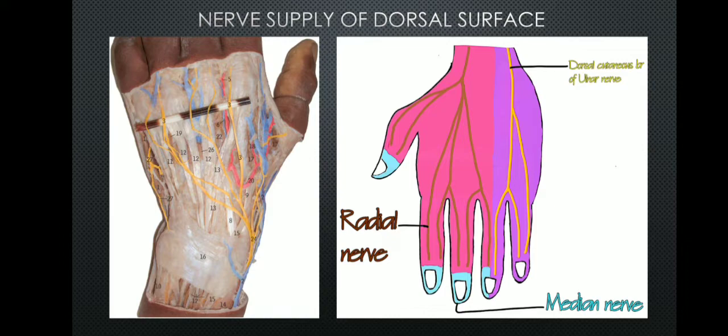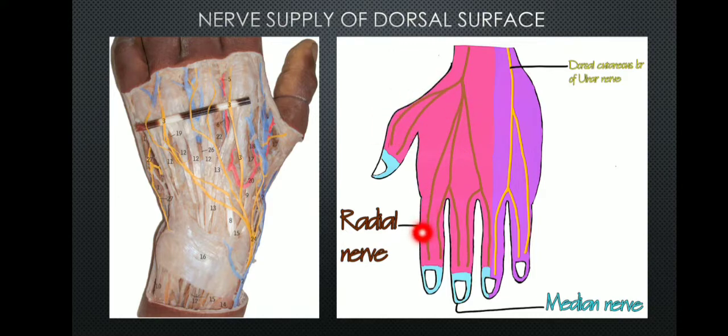This nerve in the hand is the continuation of the superficial terminal branch, where it reaches the dorsum of the hand after winding around the lateral aspect of the radius bone and divides into 4 dorsal digital branches, which supply the skin of the digits: the lateral side of the thumb, the first branch, and the medial side of the thumb, the second branch. This is the lateral side of the thumb, and this is the medial side of the thumb.